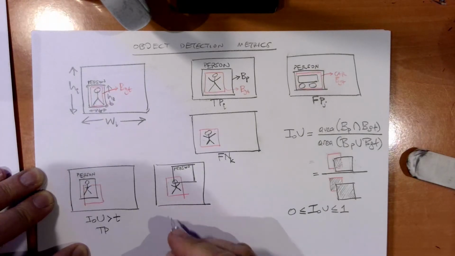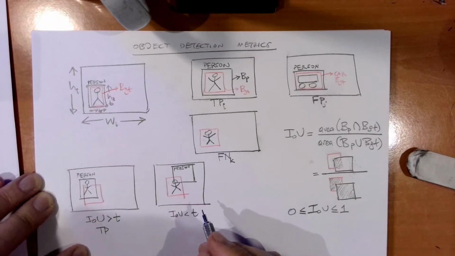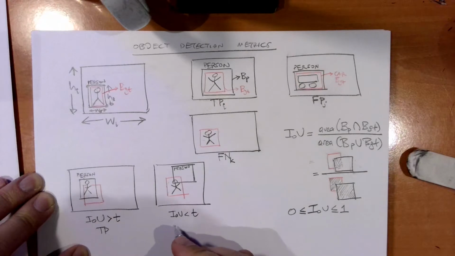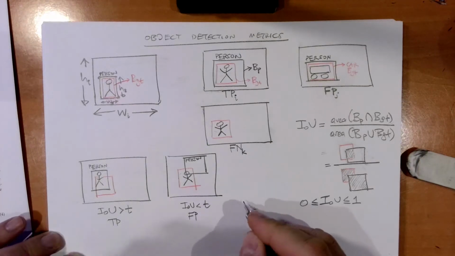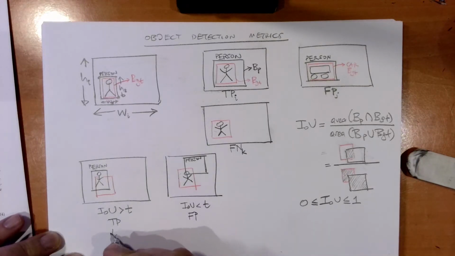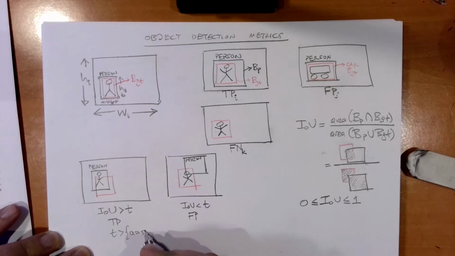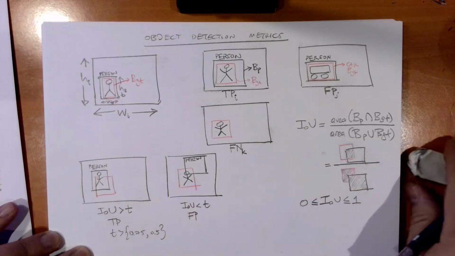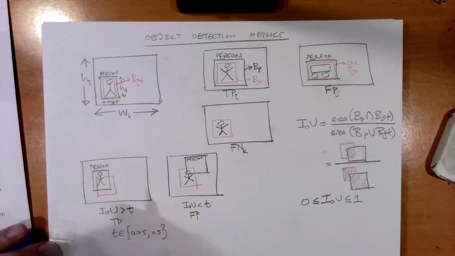And in the case where I have an IOU less than the threshold, then I will consider this to be a false positive. And typically we are considering as true positive events those that have IOU greater than, let's say, either something like 0.75 or 0.5. So these are the values that t typically takes.